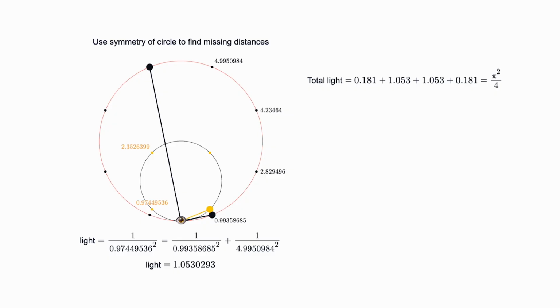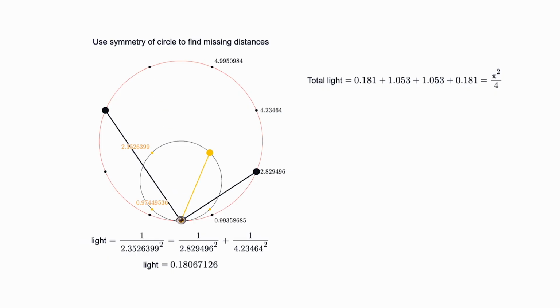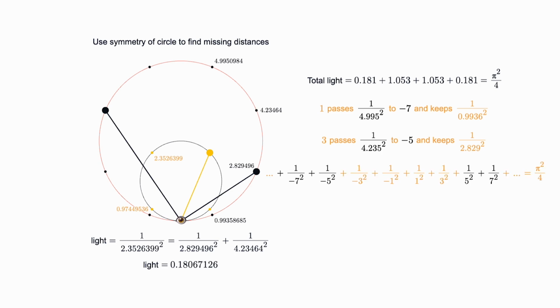As each light moves outward, its contribution decreases. Yet the geometry ensures that the difference reappears at a new light.